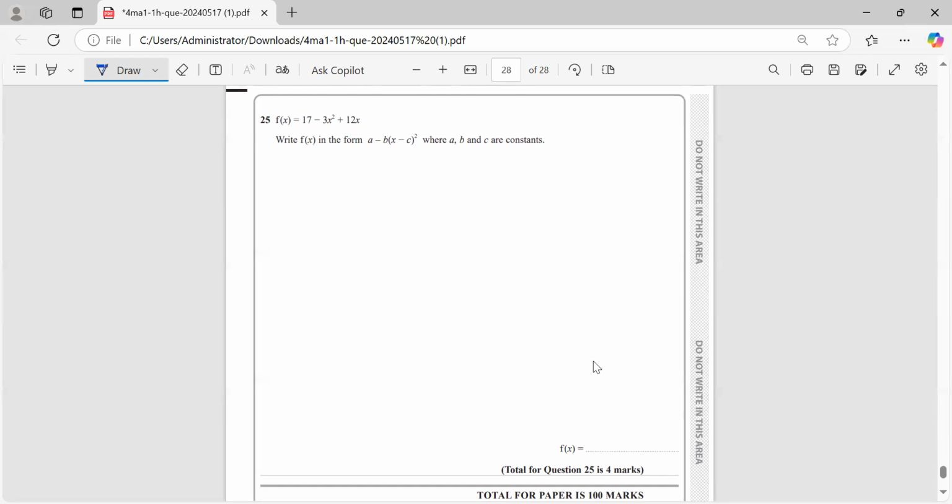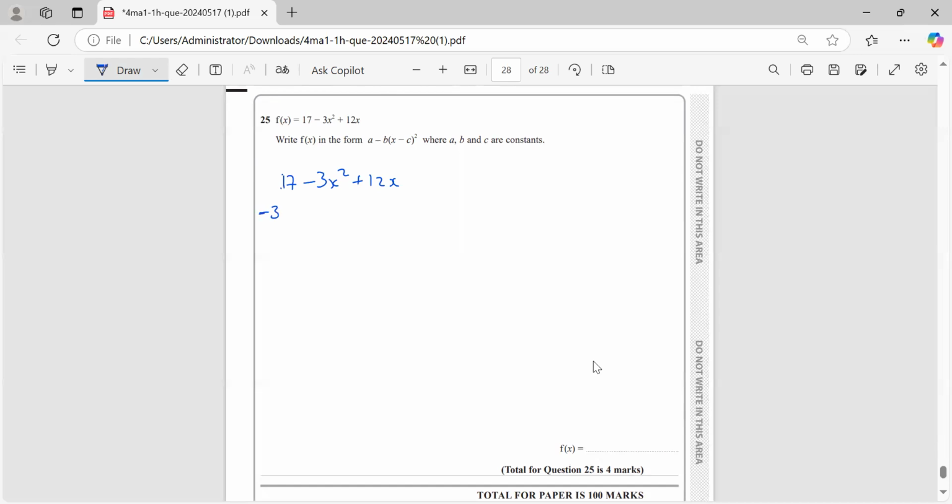All right. So we have 17 minus 3x squared plus 12x. The first thing that I do when I'm completing the square is to get rid of the coefficient of x squared. The coefficient of x squared is actually minus 3, so I'm going to factor out minus 3.